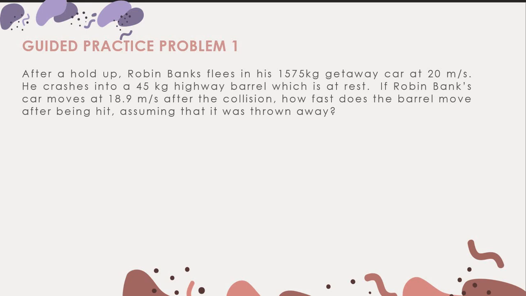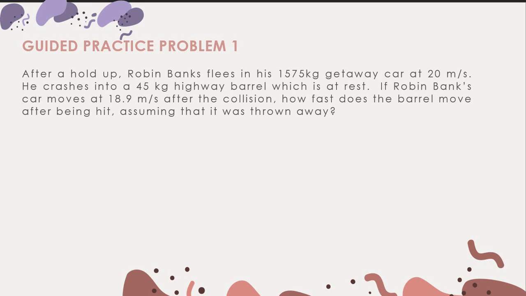In this problem, after a hold-up, Robin Banks flees in his 1,575 kilogram getaway car at 20 meters per second. He crashes into a 45 kilogram highway barrel, which is at rest.